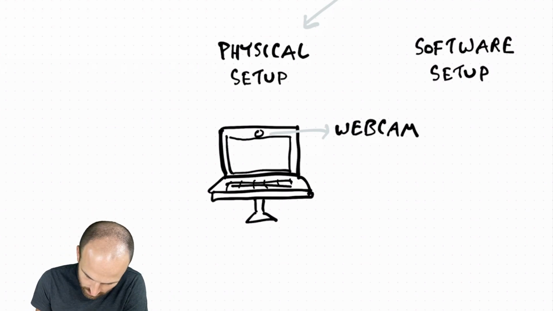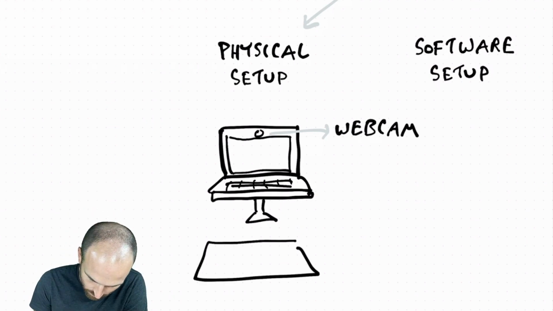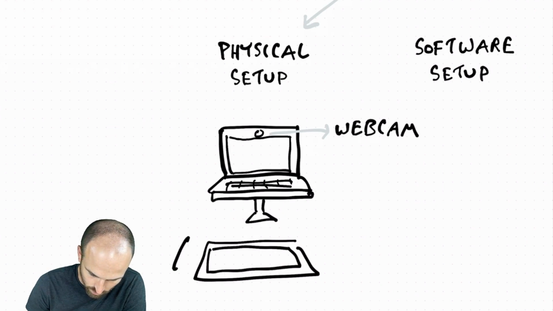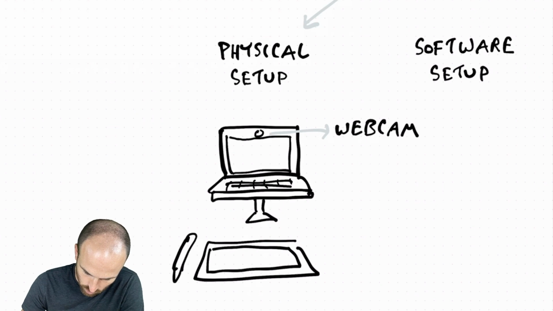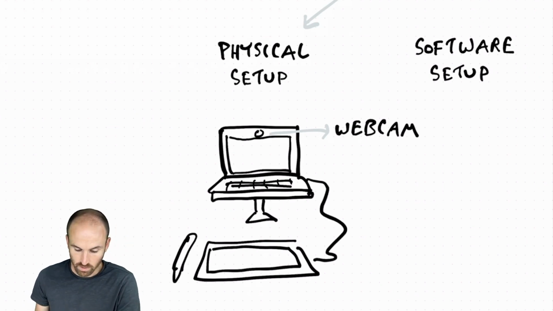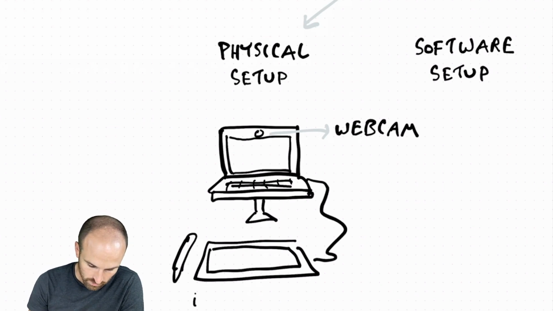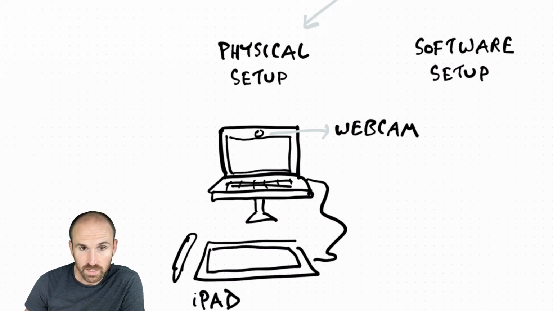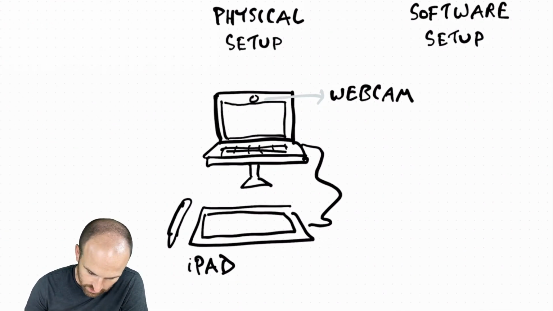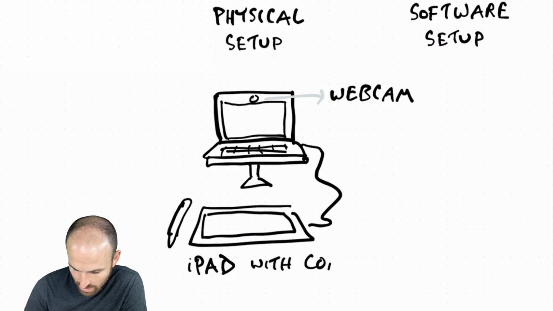In front of me, I've got my iPad here. I'll put the pen over on this side so that I can draw the cord coming in over here. This is an iPad. I am using an app called Concepts, which is my go-to app for digital sketchnoting.